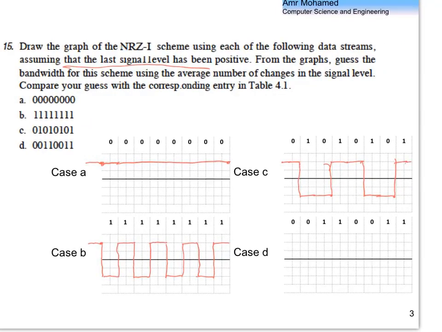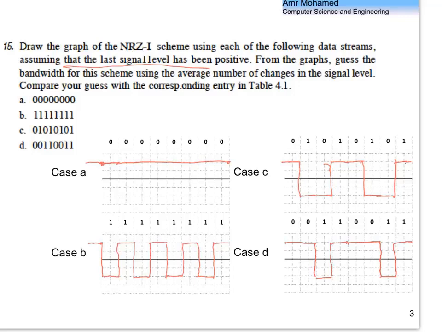Okay, so for the next one, we go positive, positive, then negative, then positive, then straight, straight, then negative, then positive. So remember, the 1 indicates that we have to toggle the level. The 0 indicates that we keep the level as is.